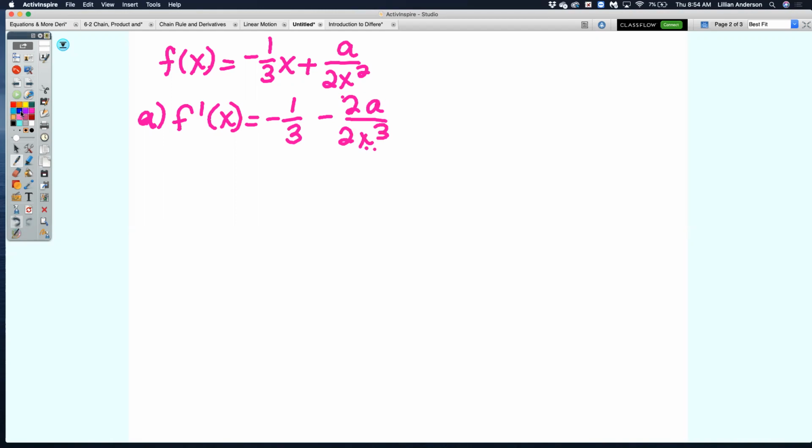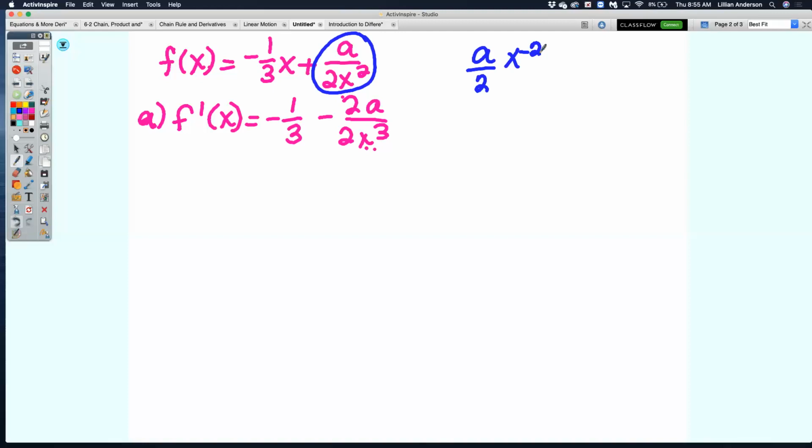Very good. Because when you rewrite this part, the 2 stays in the denominator, but the x gets brought up with the negative second power. Whenever you're moving variables up to the numerator, that's the only part that goes. The coefficients stay down in the denominator.